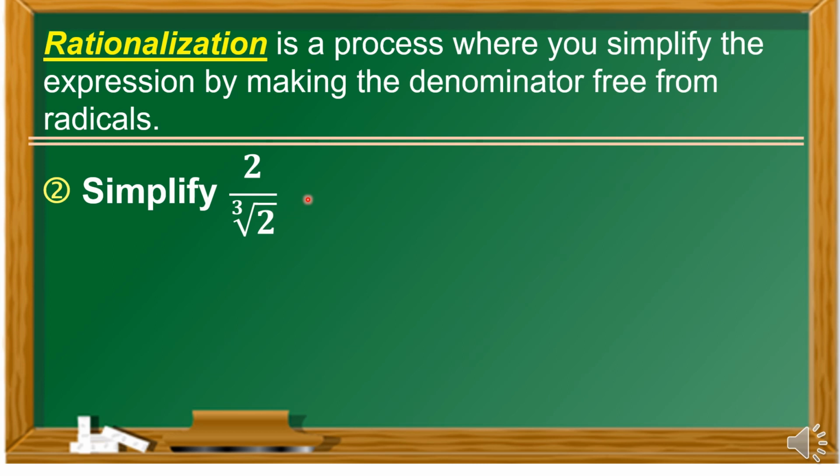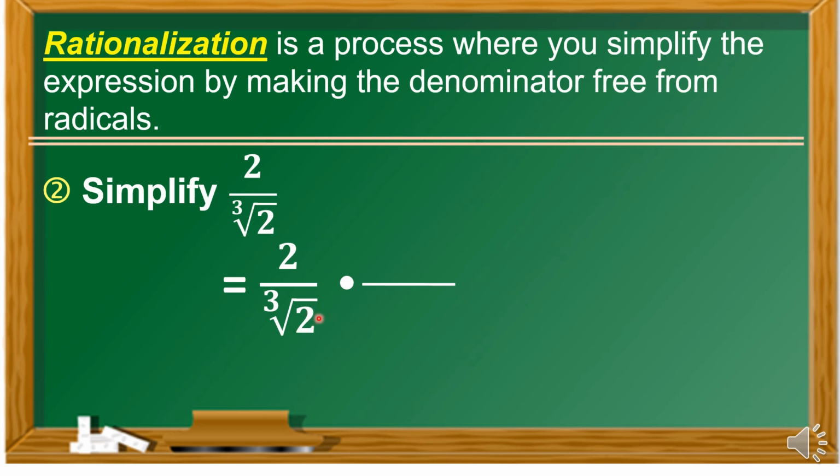Kapag nag-rationalize po tayo, kailangan i-consider natin yung index. Since meron tayong index dito na 3, ang goal natin is magkaroon tayo ng exponent na 3 dito sa ating radicand para mawala po yung ating radical symbol. Kung meron tayong exponent na 1 dito sa 2, ilan pa ang kulang para magkaroon tayo ng 3?